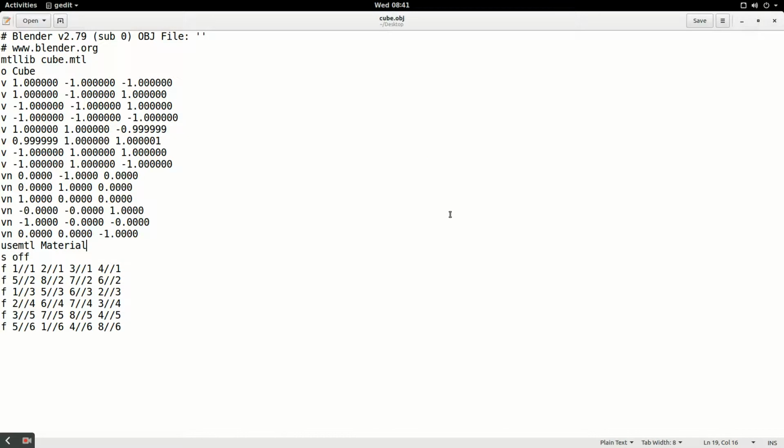Okay, so this is the OBJ file where we have the vertices and, well, not the edges, the faces. We also got the vertex normals. We talked about these things before. What we didn't talk about is this material file, this cube.mtl.